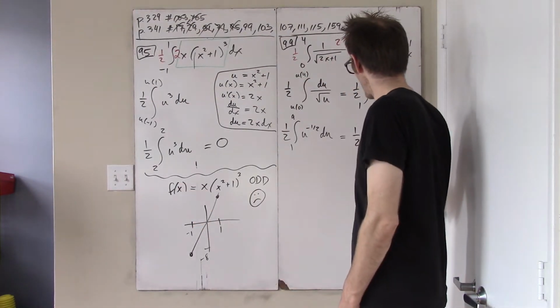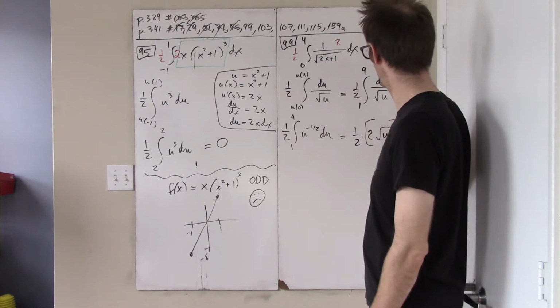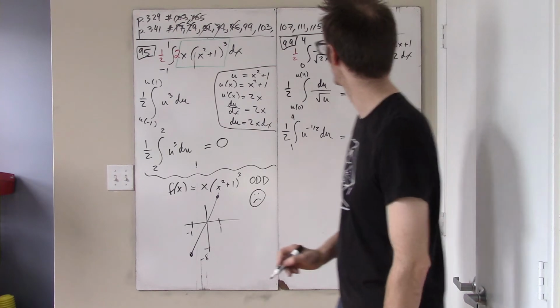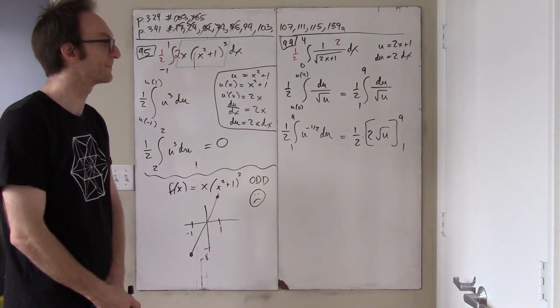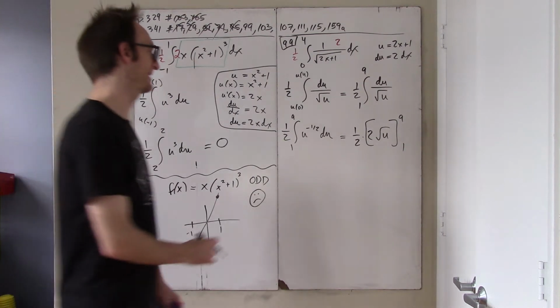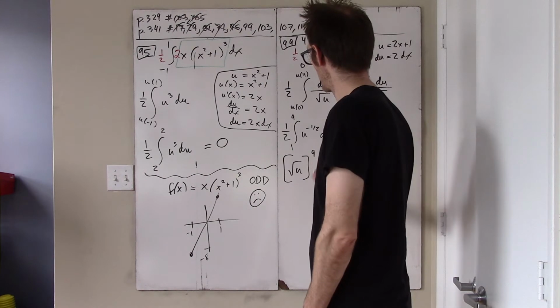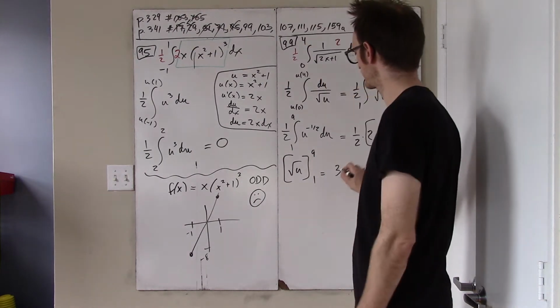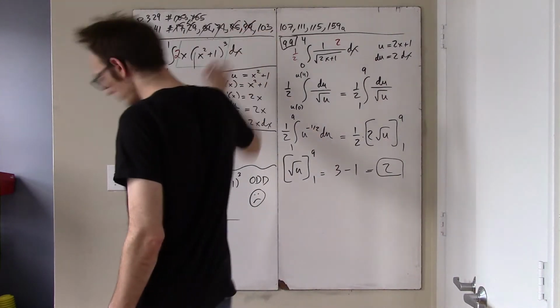So that's 1/2 times 2 root u, all evaluated at 9 and 1. And that's just right. Okay. Final answer. This is just root u evaluated at 9 and 1. And so this is just 3 minus 1. So the answer to this problem is just 2. Okay. Woo woo.